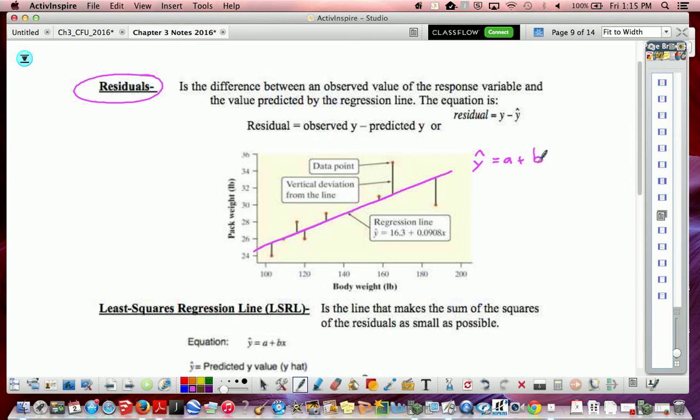Some of your points are nice and close to the line, and some are farther away. Some are above, some are below. What we want to look at is how close or how far all of those values are from the predicted value. That is what's called a residual. This distance is a residual.